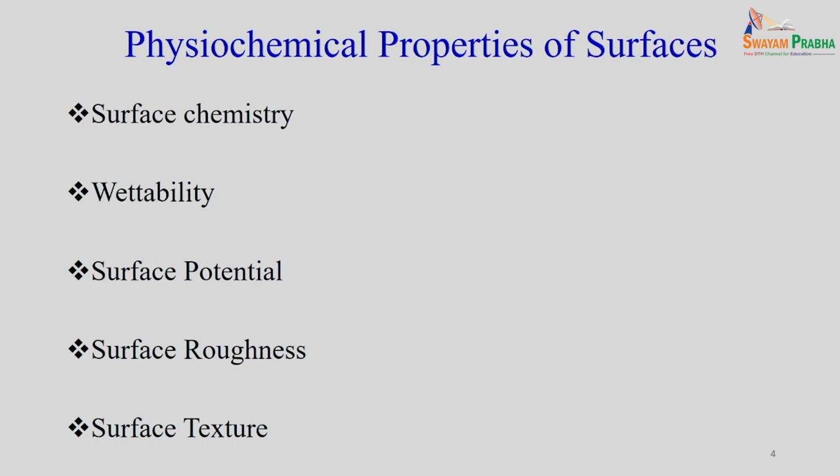So, we will discuss the different modification techniques to prepare modified surfaces to improve the biointerfacial interactions. What are the physiochemical factors of the surfaces which we are going to tune by the surface modifications? The first is the surface chemistry. Surface chemistry will depend on the coating material or the coating agent we are going to use, that is going to regulate the surface chemistry, the coating agent and its composition.